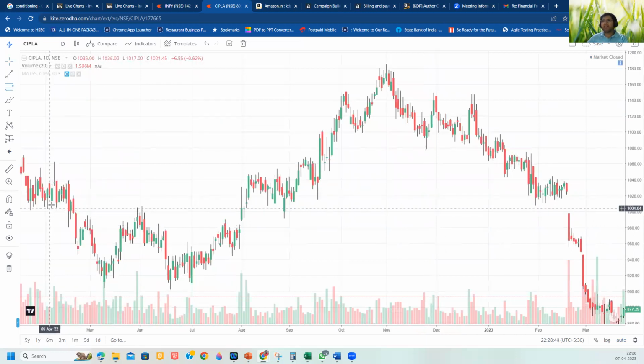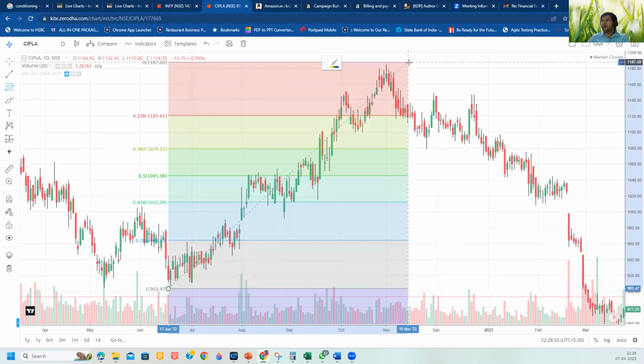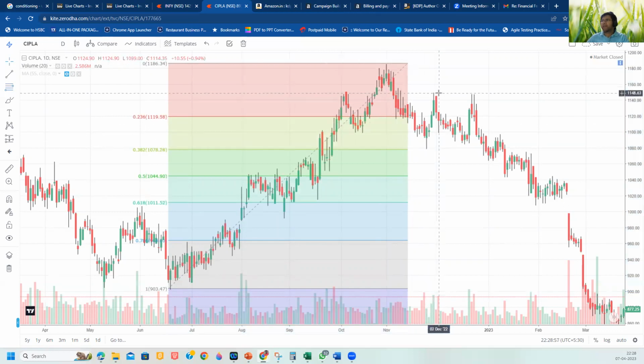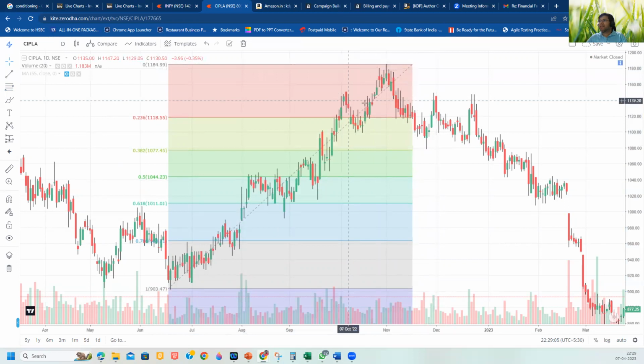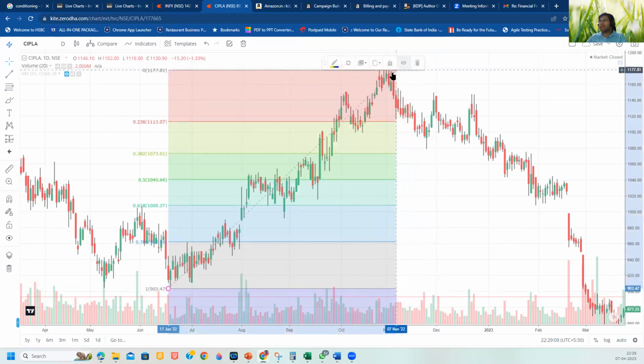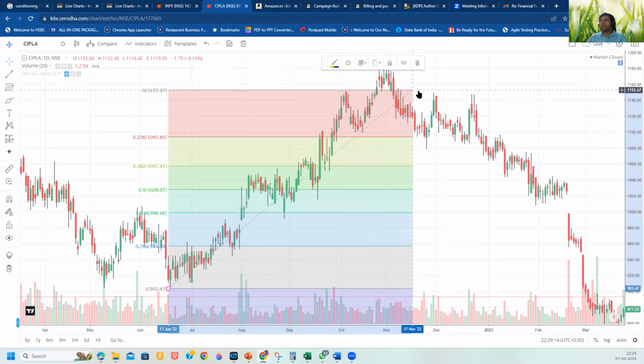So I'm selecting the fib retracement tool, doing the first click down and the second click on the top, till the price point it went up, and then try to find out the retracement. Okay, because it has not moved any further up, we need to choose a previous point so that we are able to plot the retracement.